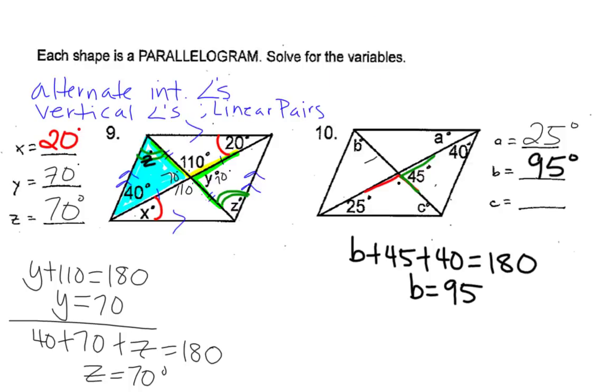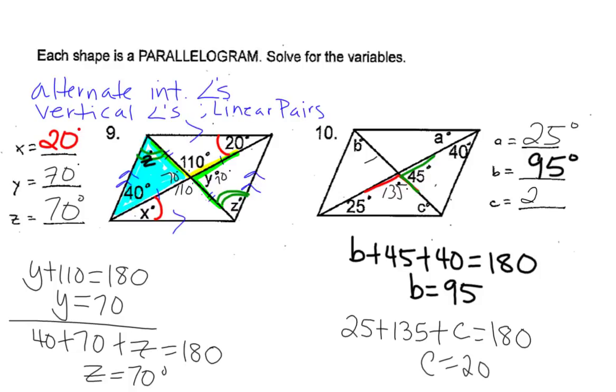So that angle is going to be 135. And then again, I have a triangle where 25 plus 135 plus C has to equal 180. So that means C has to be 20 degrees.